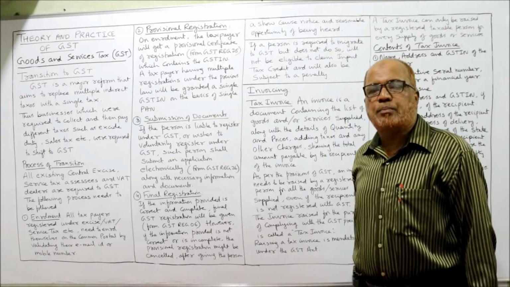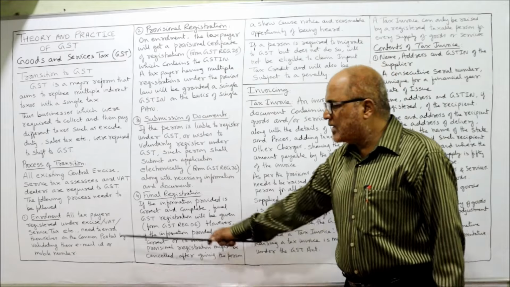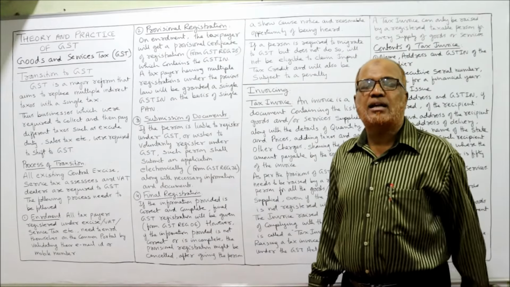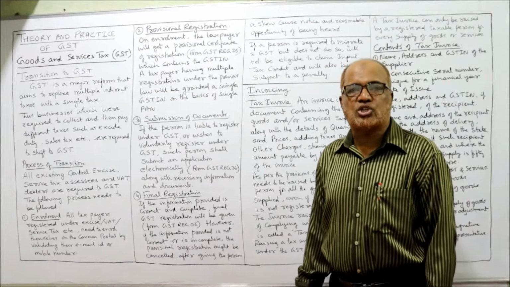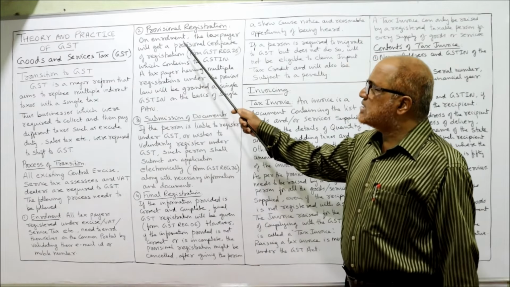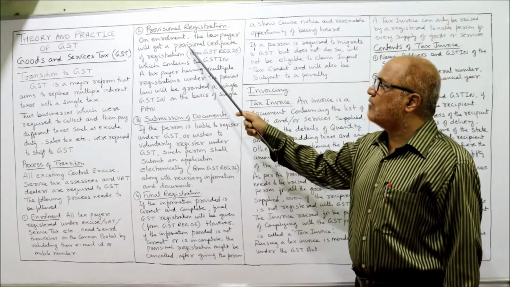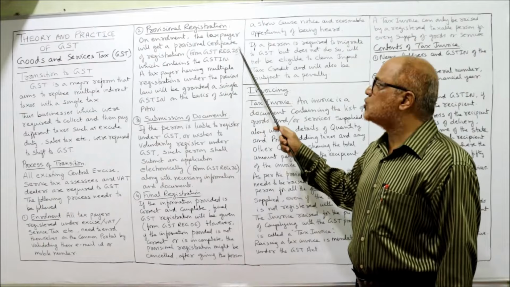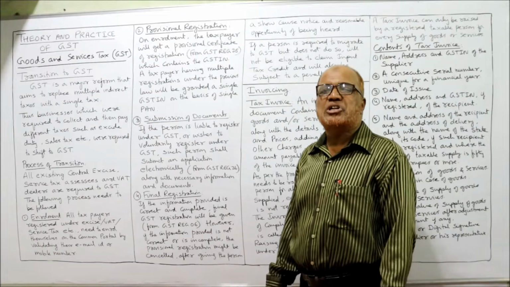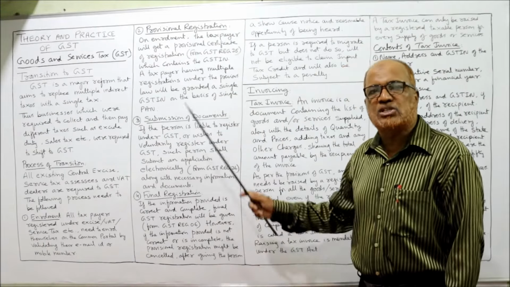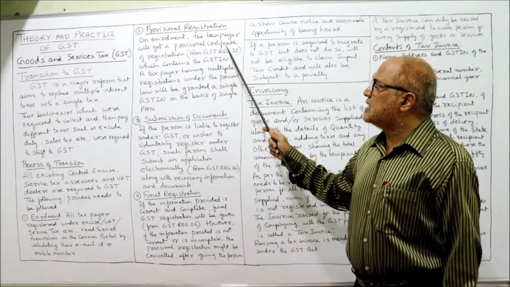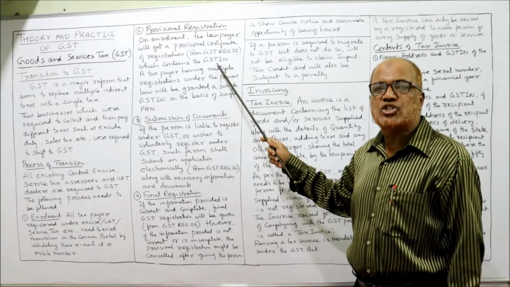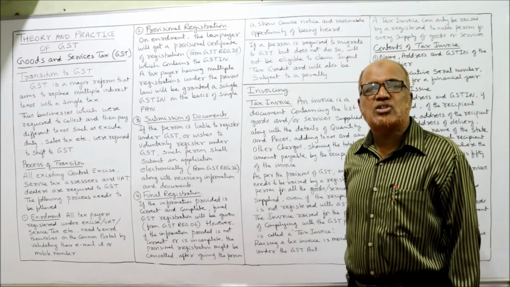Then the second step, provisional registration. Once enrollment is done, the next step is he will get a provisional registration number, GSTIN. On enrollment, the taxpayer will get a provisional certificate of registration through form GST REG 25. Remember, the provisional certificate they can get from this form, GST REG 25, which contains the GSTIN, the GST identification number.